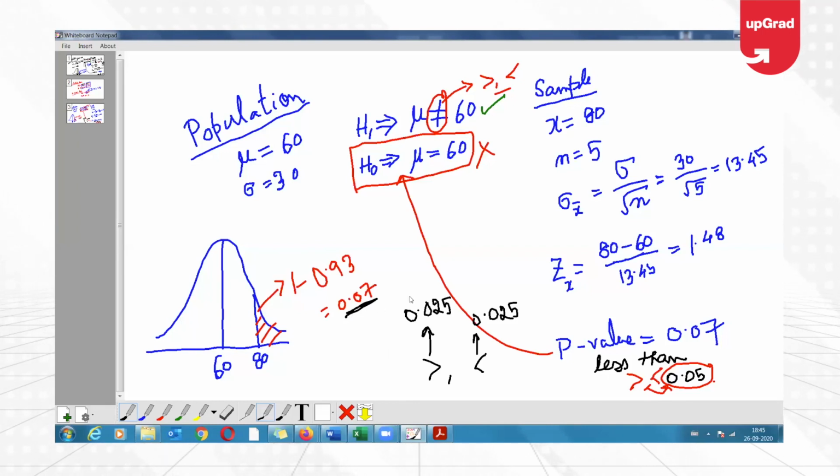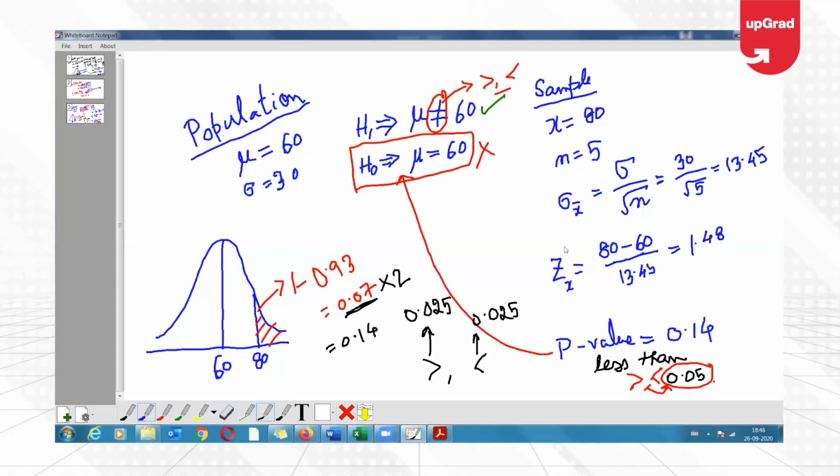But I also need to check the other side. So in this case, my p-value will be this times 2, which means it will be 0.14. So we can clearly see that I cannot reject the null hypothesis here.